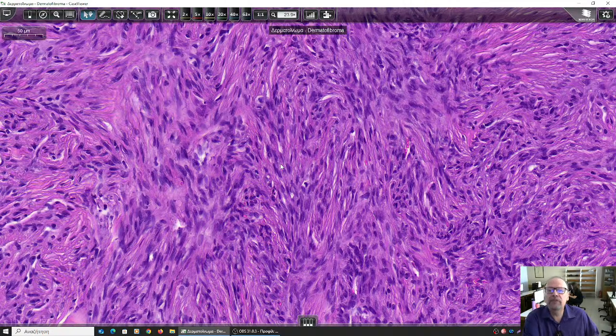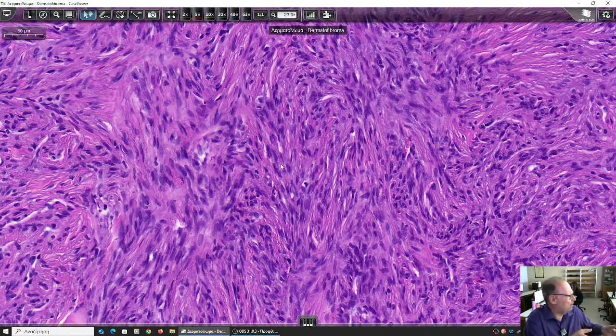Now, as you can see them, do you see some signs of malignancy? That means atypical nuclei, enlarged nuclei, hyperchromatic nuclei, nuclear pleomorphism, many mitoses. Do you see any of these features that would make this neoplasm look malignant? No, because the cells look like each other.